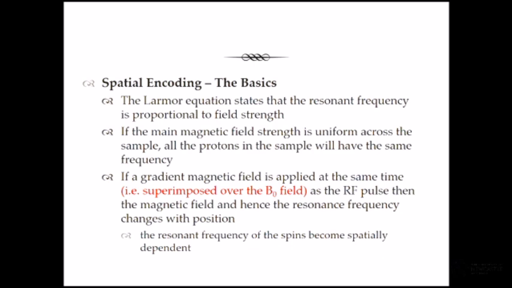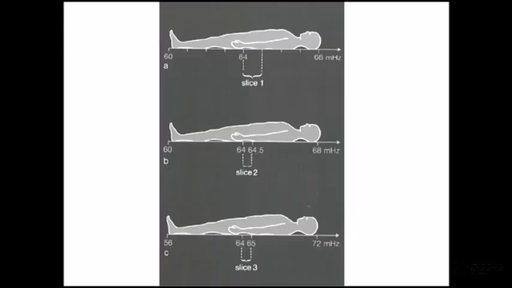If I put someone in the scanner and landmark them at their umbilicus, and I move 1 centimetre superiorly or 1 centimetre inferiorly from the umbilicus, it has a different magnetic field at that point because I've changed the gradient from head to foot. Therefore, if I transmit RF, I can excite a slice 1 centimetre above, 1 at the umbilicus, and 1 centimetre below.